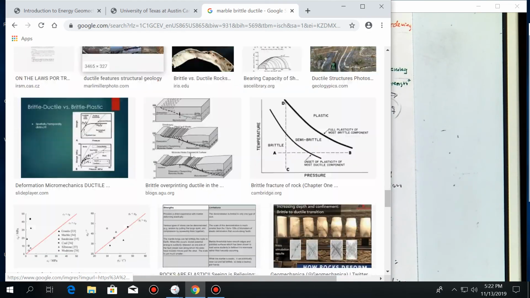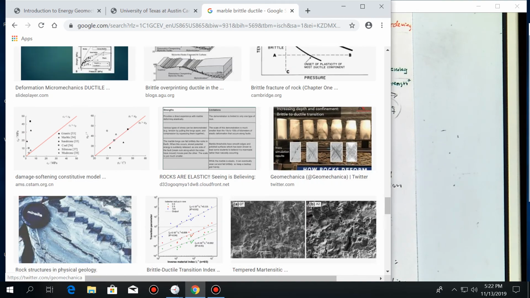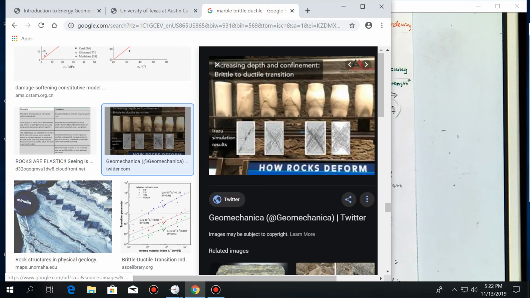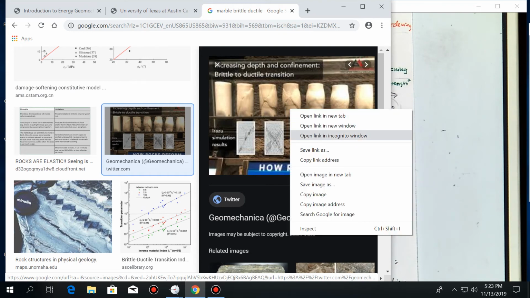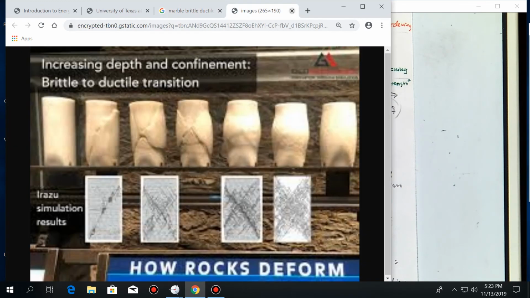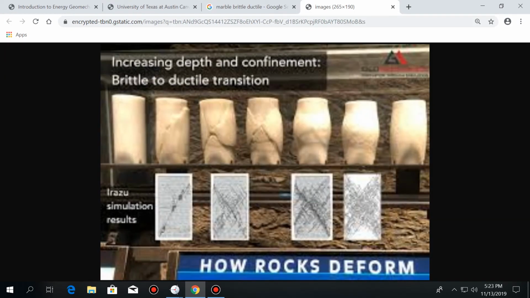I'll find that one. I think it's this one. Yeah, this one. Okay, well, the quality is not fantastic, but hopefully you get to see over here.